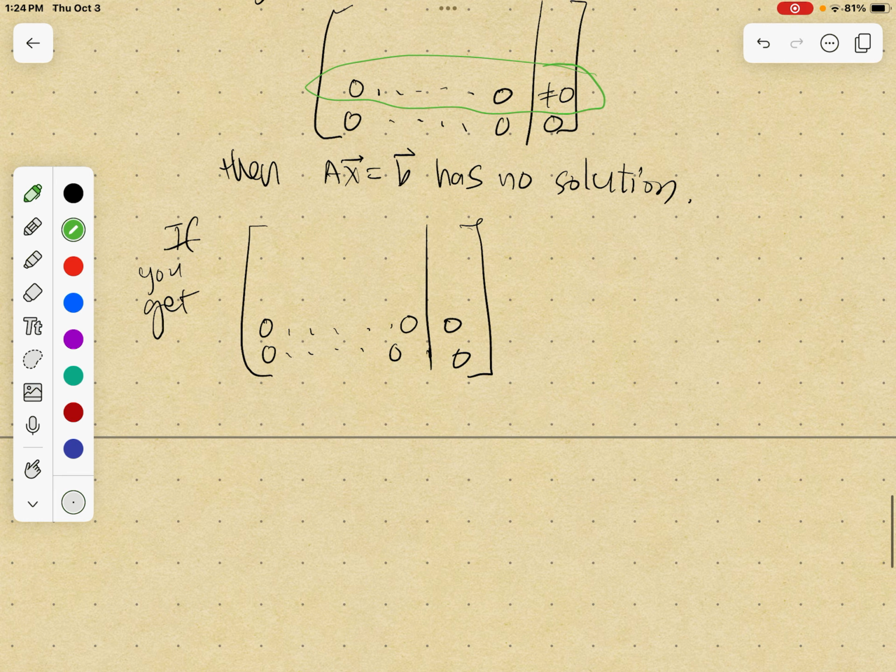If you get that, then there's no solution. Otherwise, it does have a solution.